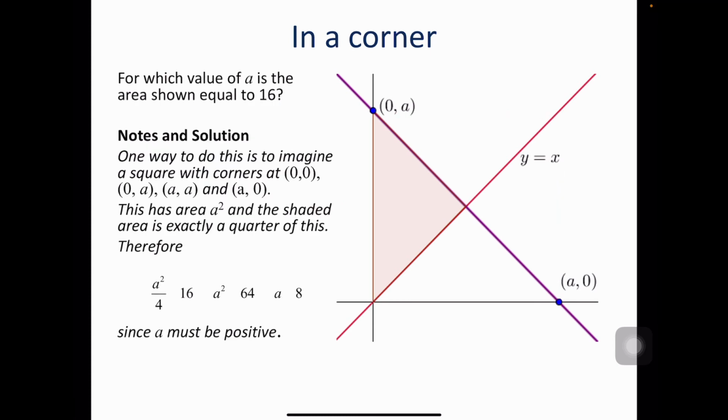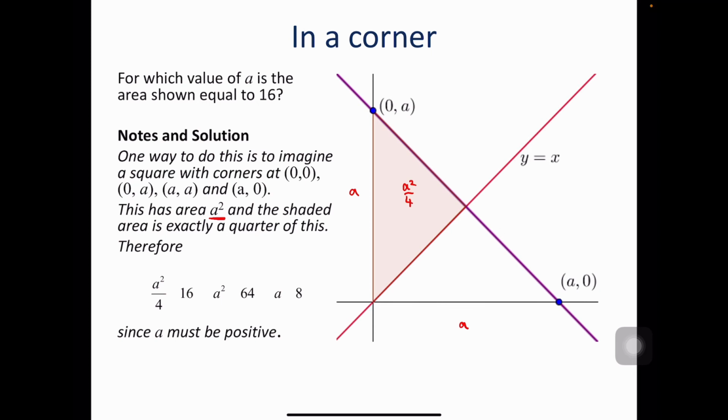So the area of the square is obviously A squared, right? A multiplied by A gives you A squared. The shaded area is exactly a quarter of this. So A squared over 4 is the area of the shaded region.